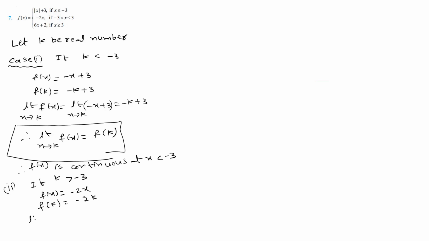Next, the limit as x tends to k of f of x is minus 2x, which is equal to minus 2k here. Therefore, the limit as x tends to k of f of x is equal to f of k here.